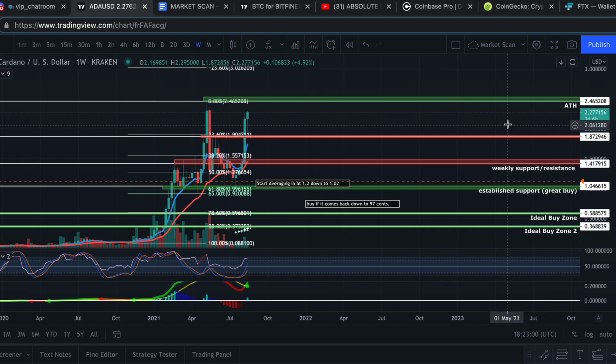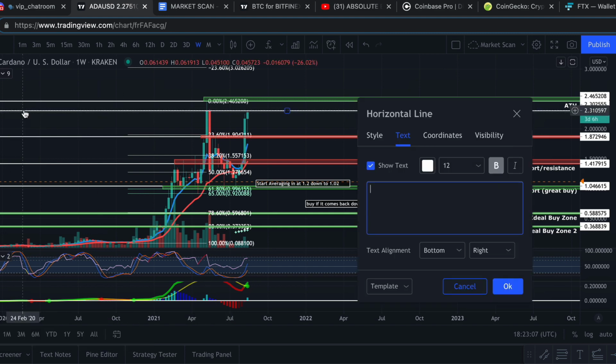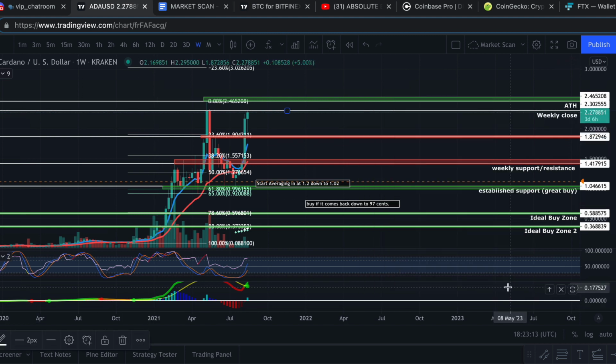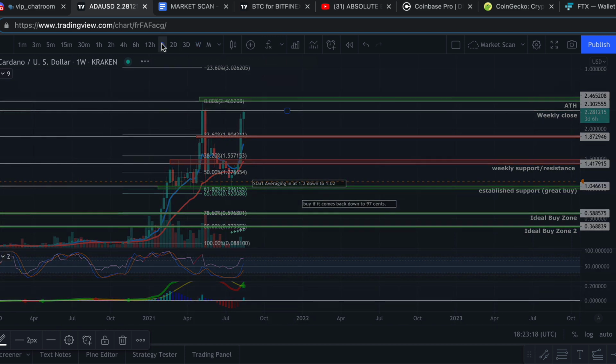Its all-time high was 2.465. The monthly close was right here, and the weekly close. So it's coming into obviously crazy resistance right now.